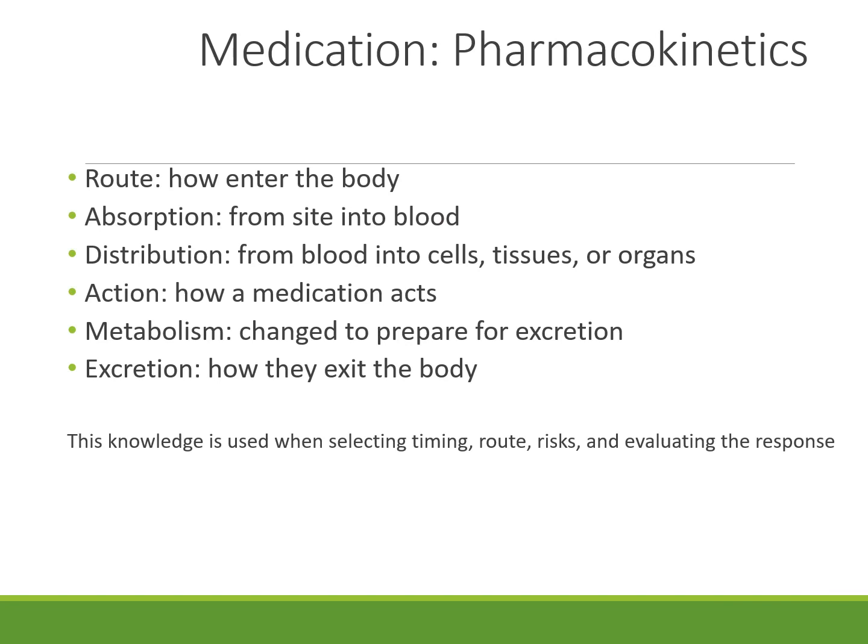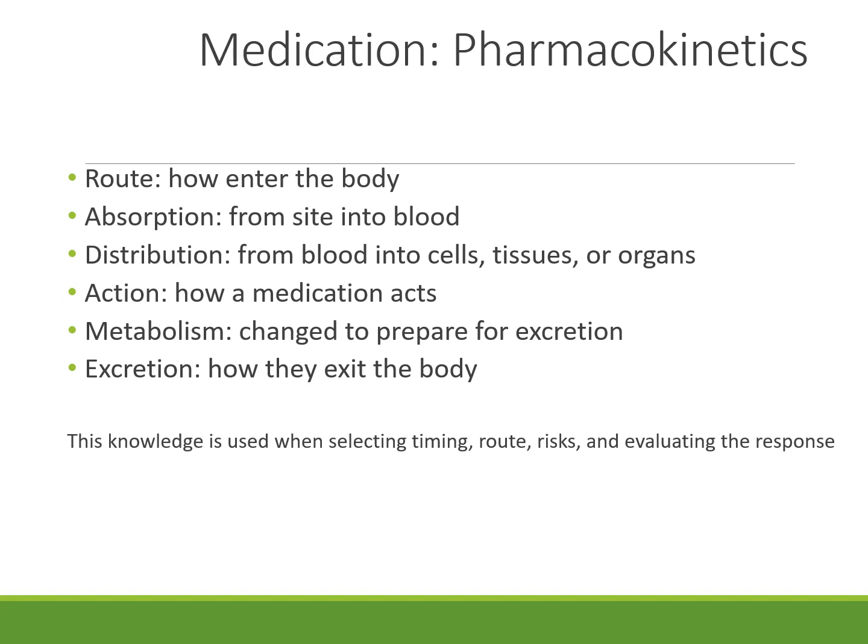Then we have the pharmacokinetics of certain drugs. When we say pharmacokinetics, we are speaking of the following: the route, the absorption, distribution, the action, metabolism, and the excretion of drugs.